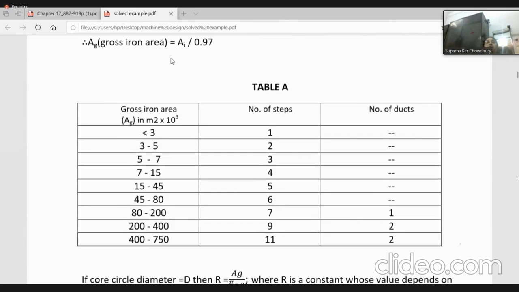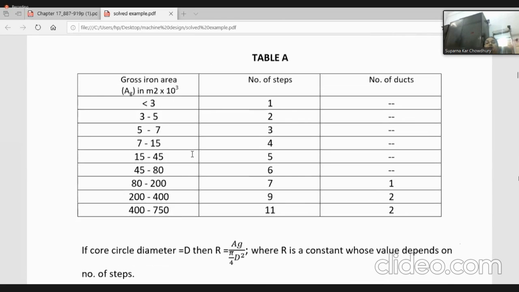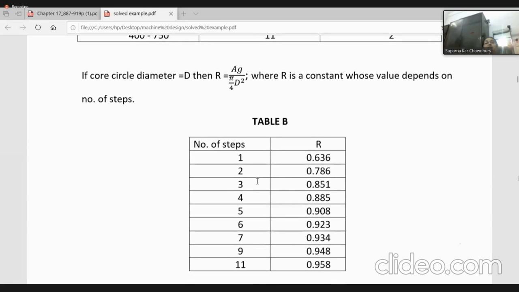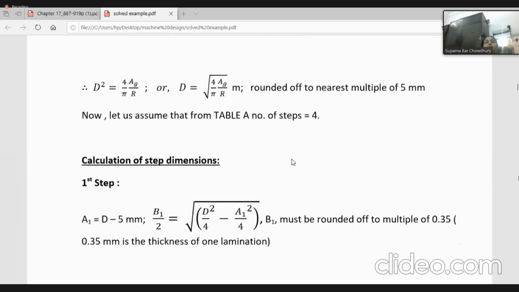So once you decide Ag, you know how many number of steps you have to use, and once you know the number of steps, you know what is the ratio R. So select R from here, put R here. So Ag, you know, from this equation we determine D, or the core circle diameter.